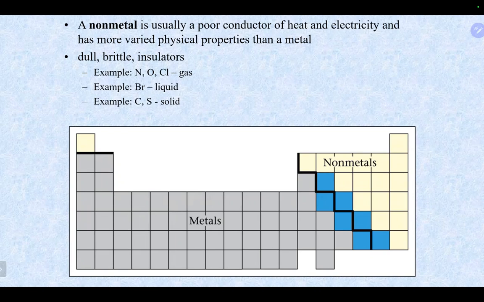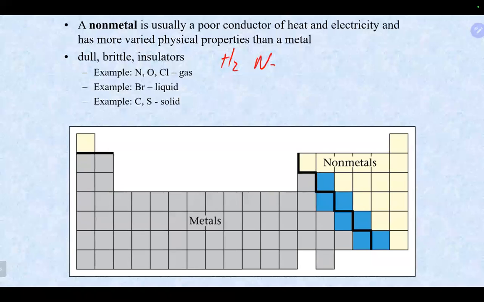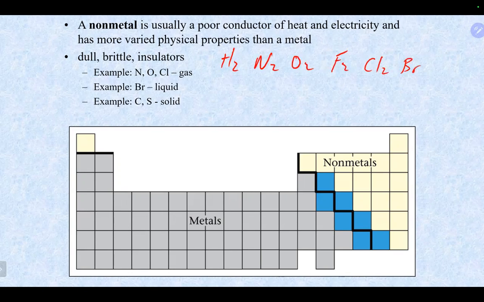A lot of nonmetals are those elements that come as diatomic molecules that we talked about. Things like H2, N2, O2, F2, Cl2, Br2, I2. These are all diatomic molecules, and this is how these elements come naturally, and they're all nonmetals.